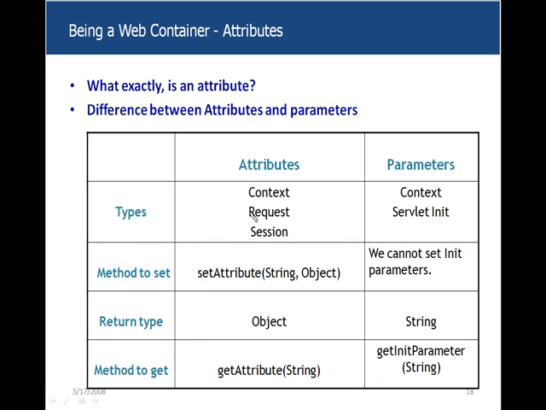So this is the difference between attributes and parameters. If you want to put in something which is only used once throughout the application, and that is a string, you can use an init parameter. But if there is something which can change frequently and which is an object, you go for attributes, right?